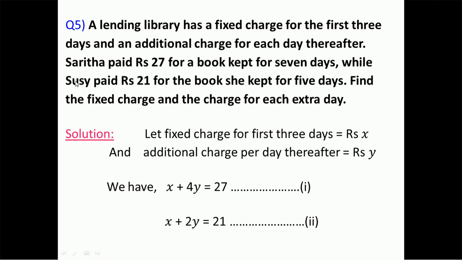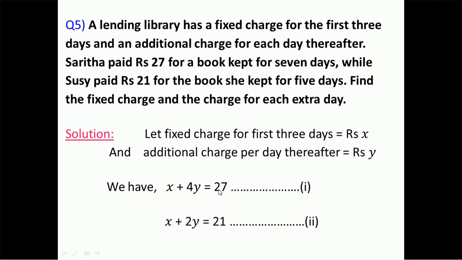Now let's make an equation from this statement, Susie paid 21 rupees for the book she kept for 5 days. 5 days will be bifurcated in this manner. For first 3 days charges are X rupees, and for remaining 2 days the charges will be rupees Y. So we have the next equation, X plus 2Y equal to 21, means X is the charges for 3 days and charges per day for remaining 2 days is 2Y, and their total addition comes out 21.